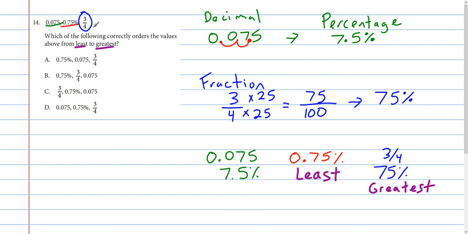The next one is a fraction. In order to make the fraction a percentage, I'm going to need to get it over 100 like we did in a previous problem. So I'm going to do 4 times 25 to get that 100, and I have to do that on the top as well. 25 times 3, I get 75, and 75 divided by 100 is 75%.